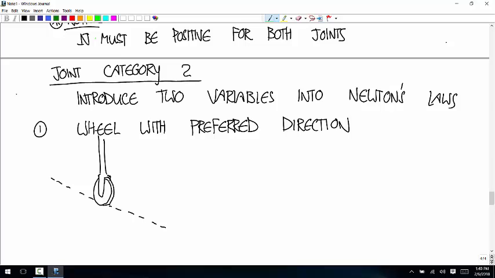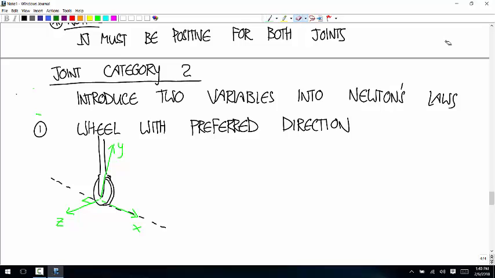So let's choose a coordinate system for this with the x-axis along the direction that it can move, and the y-axis up from the surface, and the z-axis perpendicular to the line on the surface. Okay, so the z-axis is perpendicular to the line that it can move.